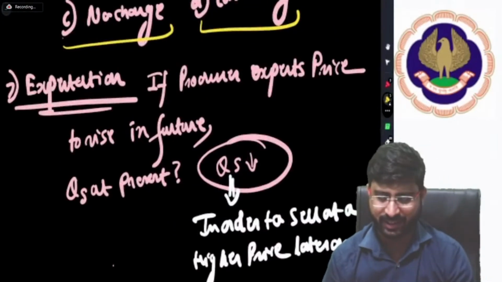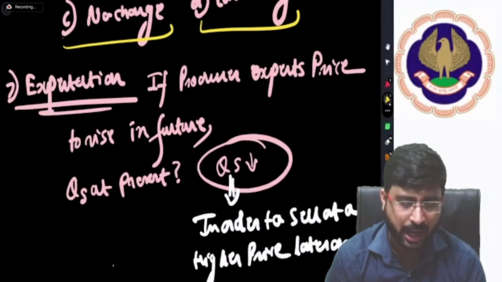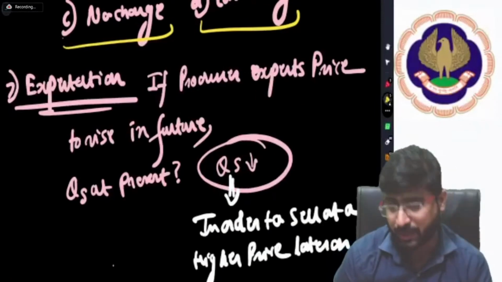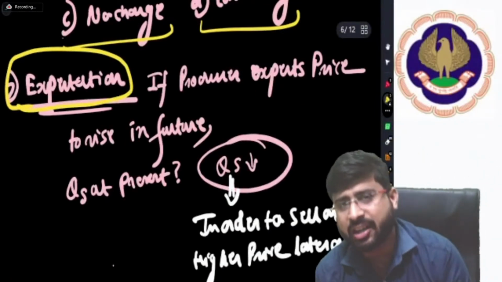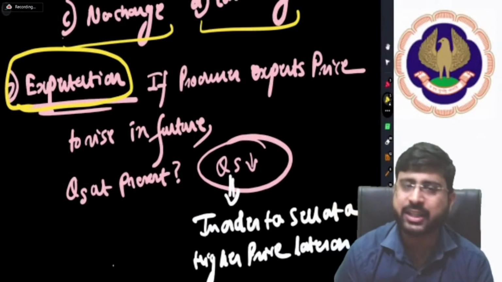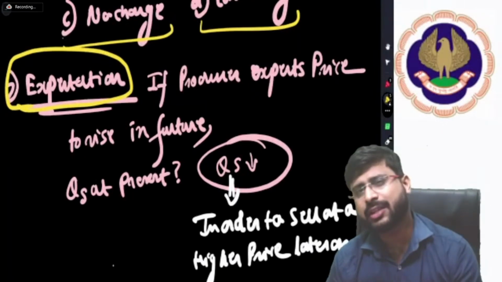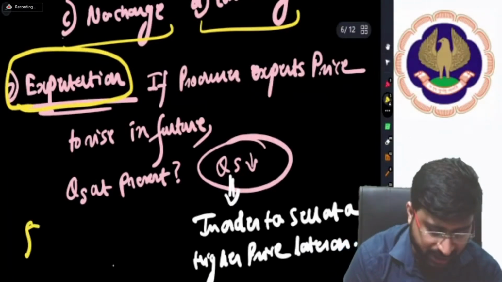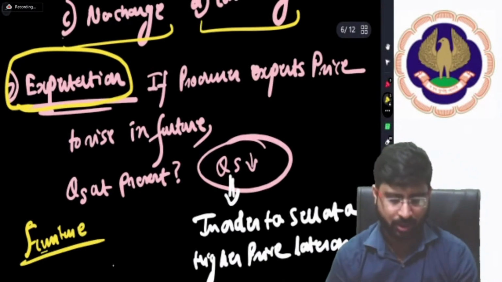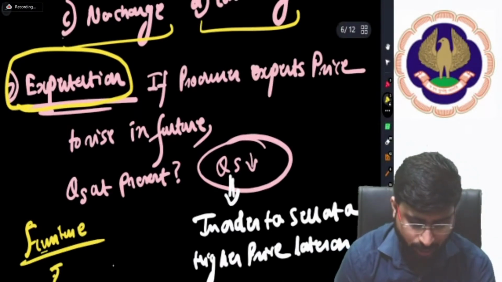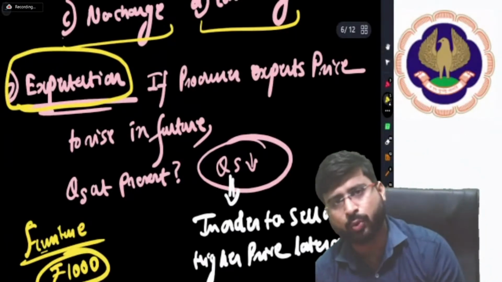Okay, great. Now, my dear friends, I'm explaining another factor, that is the expectation of the producers regarding future prices. Suppose you are a seller of a commodity, let's say furniture. There is a piece of furniture, there are many pieces, which is presently priced at rupees 1,000 per unit.